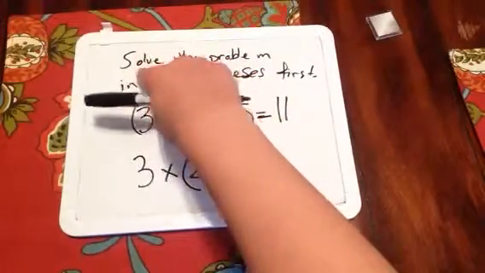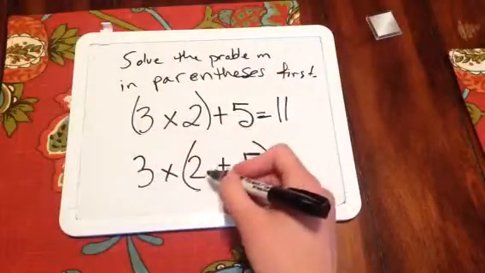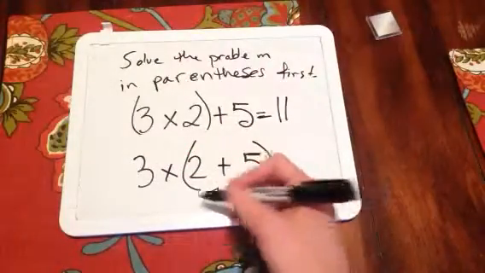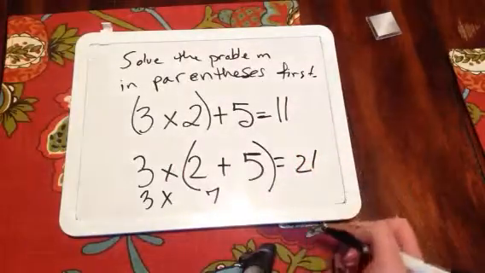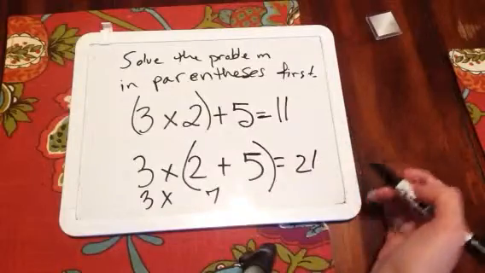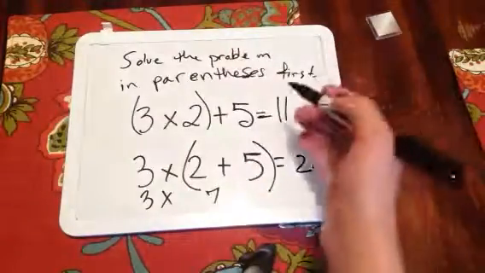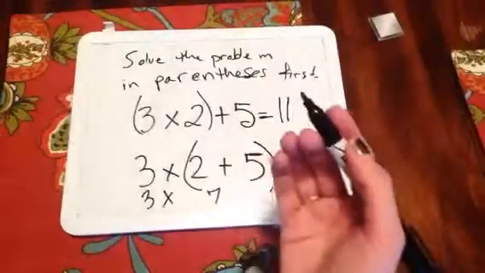We always solve the problem in parentheses first. So 2 plus 5 is 7. 3 times 7 is 21. So you come up with two different answers depending on where the parentheses are. You always solve the problem in parentheses first.